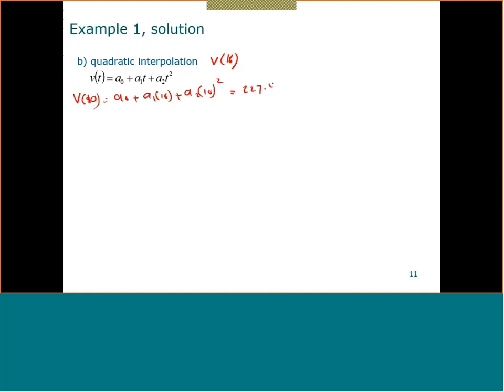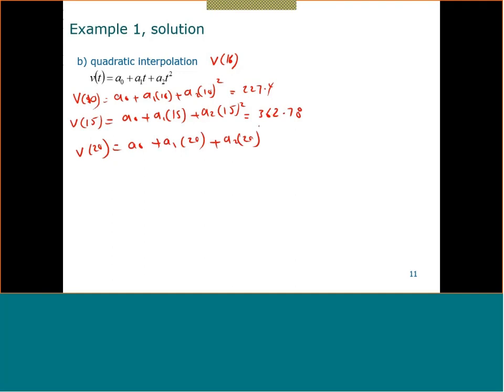Then V at 15 is A0 plus A1 times 15 plus A2 times 15 squared, and this is equal to 362.78. And finally, V of 20 equals A0 plus A1 times 20 plus A2 times 20 squared, and this is equal to 517.35.